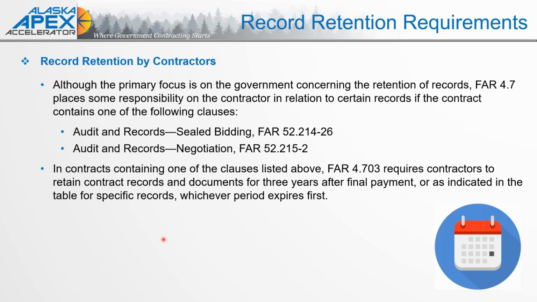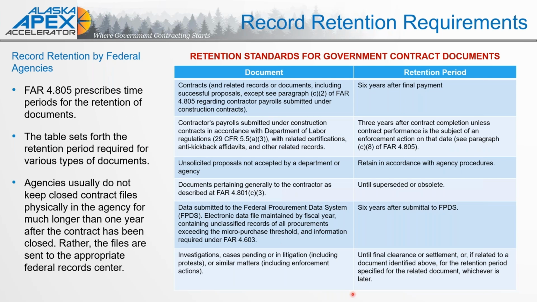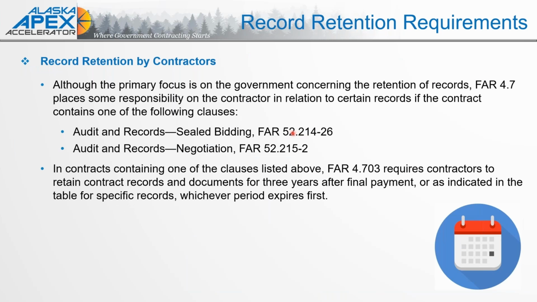Record retention by contractors. Although the primary focus is on the government concerning the retention of records, FAR does place some responsibility on the contractor in retention of certain records if the contract contains one of the following clauses. So again, sealed bidding, negotiation, the 52.215-2 clause. If that language is in your solicitation, even by reference, it gives you the language that says you have to maintain these documents for this many years and applies it to your contracts.